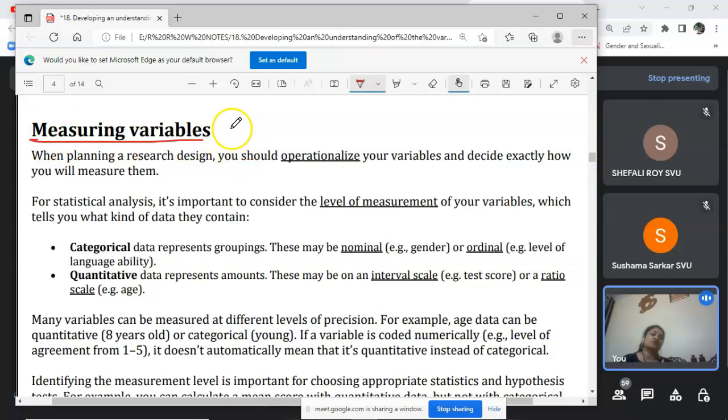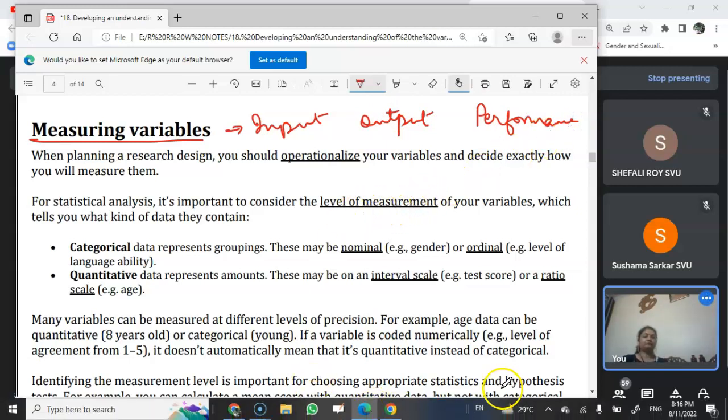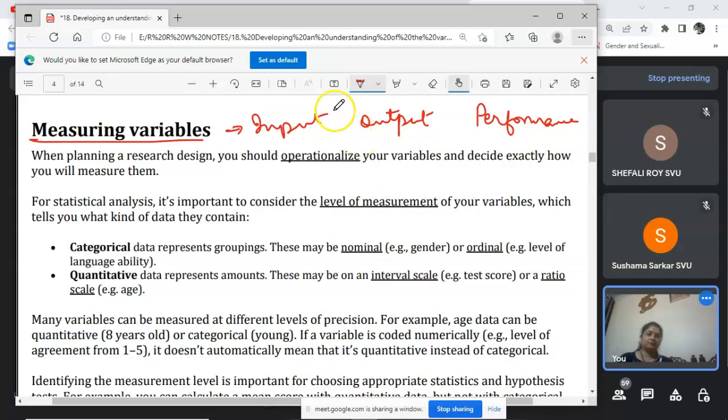Now I told you about the measures: input measure, output measure and performance measure. Remember? Yes, ma'am. So in input we have done nominal, ordinal, interval, ratio.